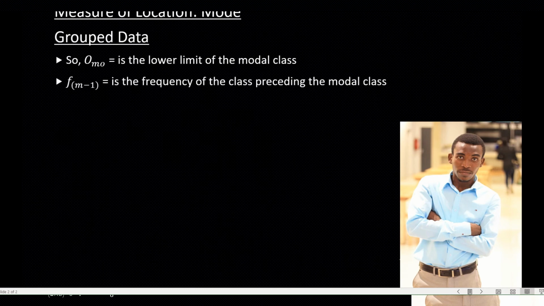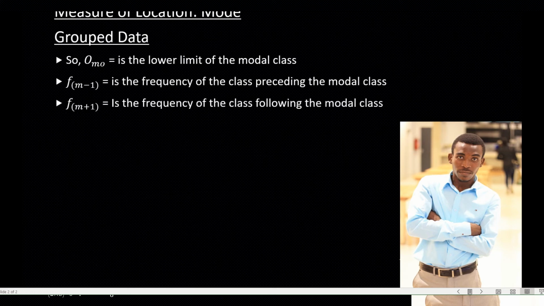Just a little bit of recap, to analyze the formula. If you have O subscript MO, then you know it is the lower class limit. If you have F subscript M minus 1, you know it is the frequency of the class preceding the model class.